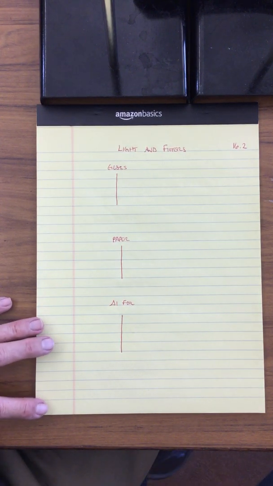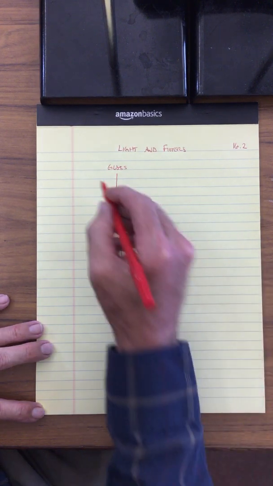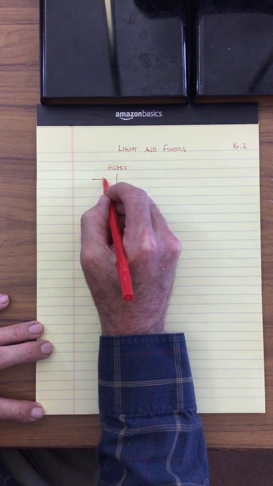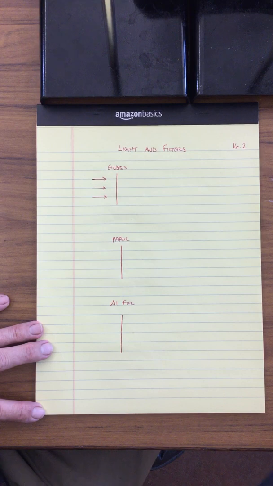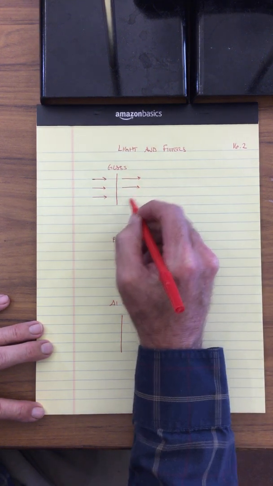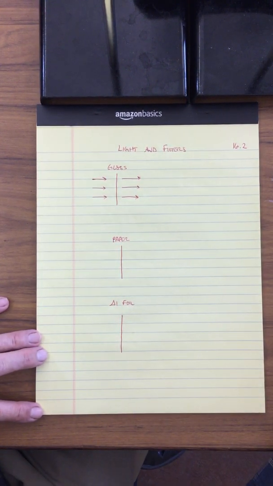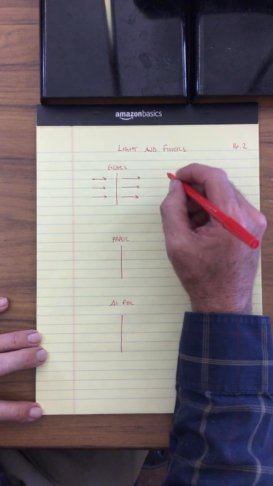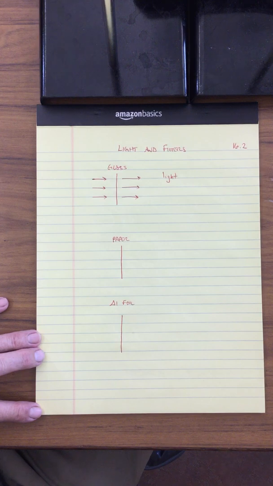When we're looking at the rays of light coming in and the rays of light that are going to be passed through. So with the glass, what you have is these are your parallel rays of light that are coming through. And what happens is that these rays of light have the ability to slip through the molecules of glass and to pass through. So what we get on the other side of the glass is you get your light, but you also get the image that's beyond that.